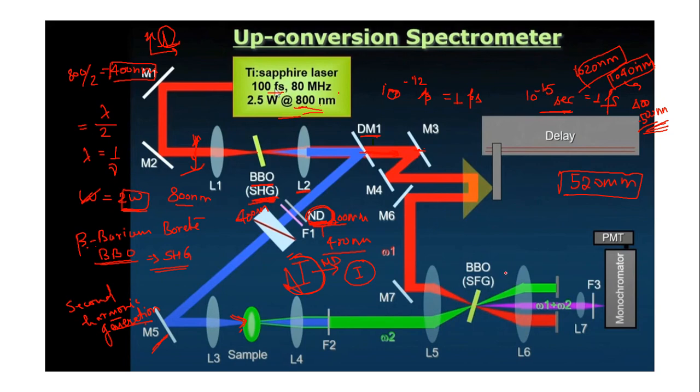Through the dichroic beam splitter, what was required was the 400 nanometer light. It passes through the system, goes through M5, is reflected through L3, and in the form of a focused beam, it comes onto the sample. After the sample, it passes through the lens port.